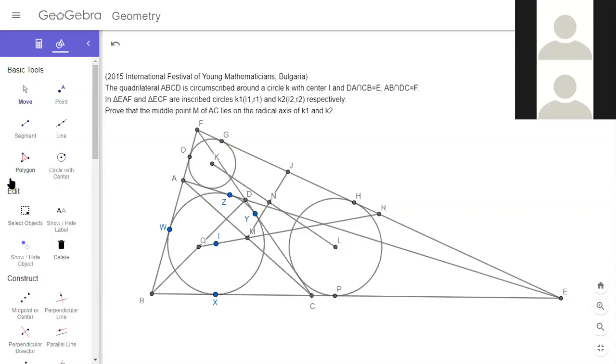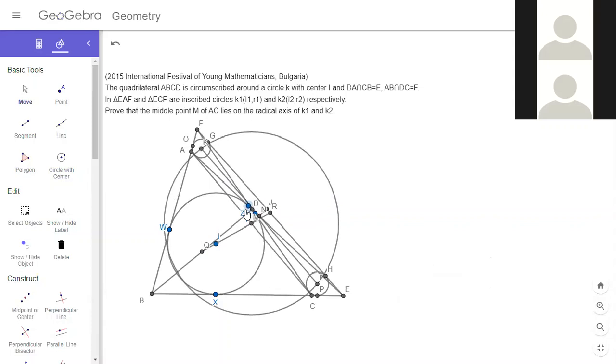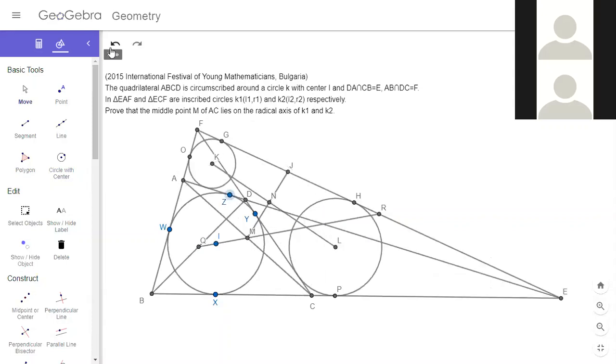Let me check, is MK equal to ML? No. It almost looks like MK is equal to MW, but I think that's a coincidence. Ah, no, it is a coincidence. Okay.